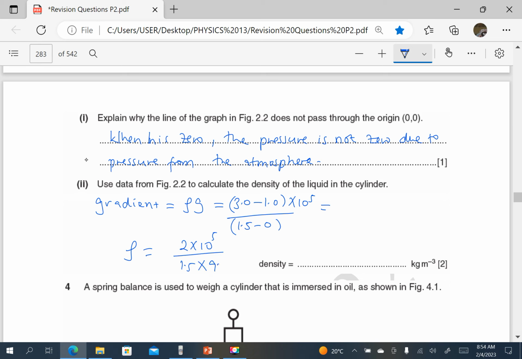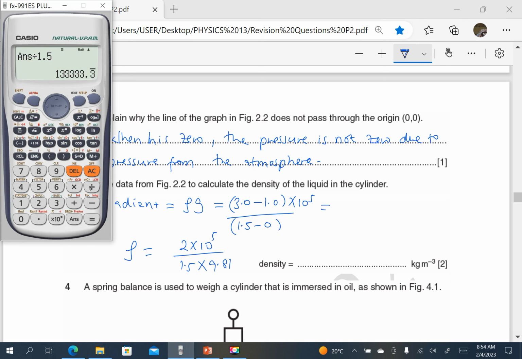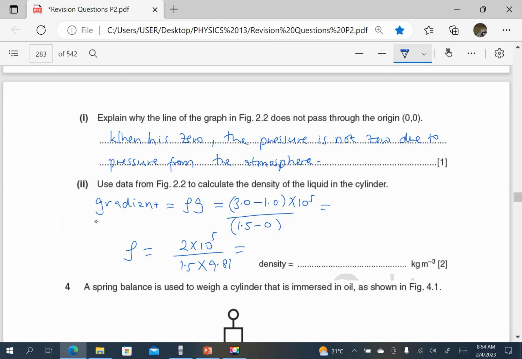I'm dividing by g, 9.81. So I will just say that answer divide by 9.81, which is 13,591, which is approximately 14,000.